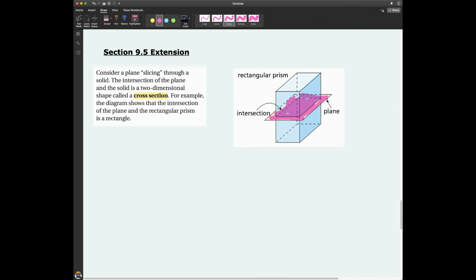And where that intersection takes place, you see here in purple. All we'd have to figure out is what shape is that, right? So for this one, it says, for example, the diagram shows that the intersection of the plane and the rectangular prism is a rectangle. Okay, that's all we have to do for this section.